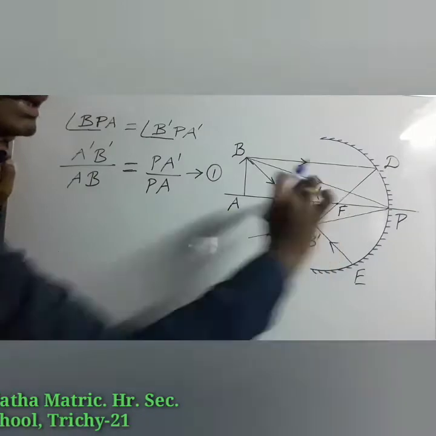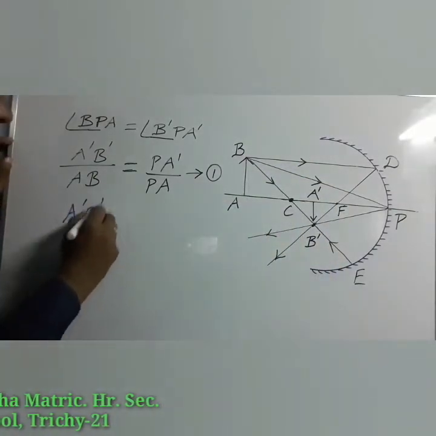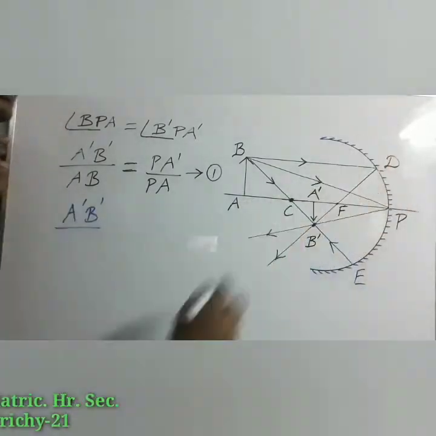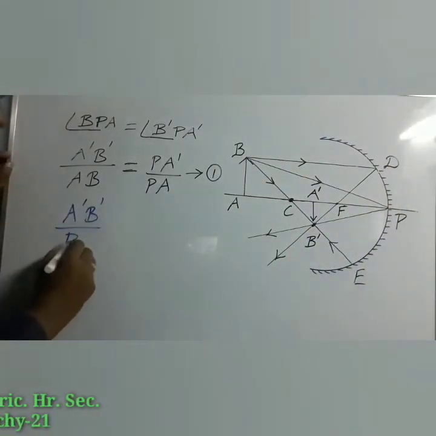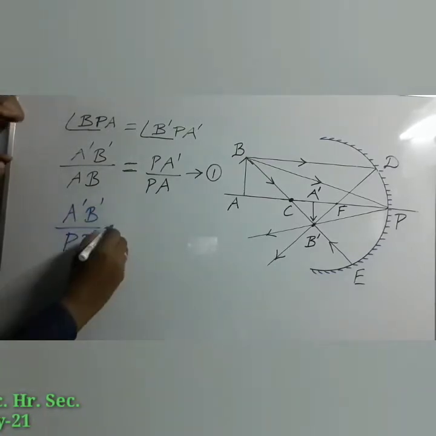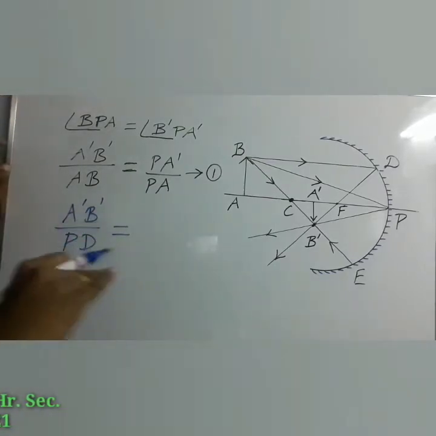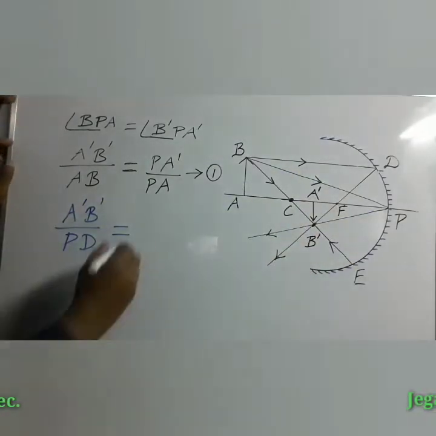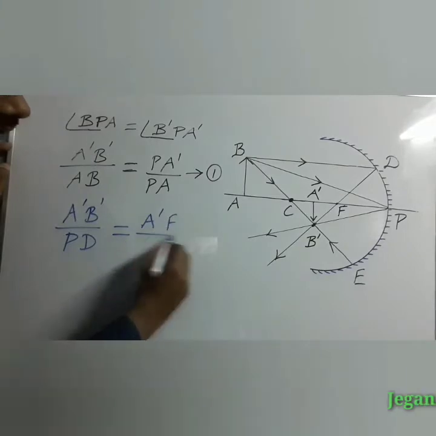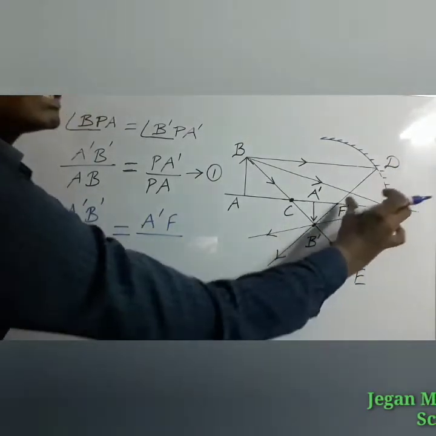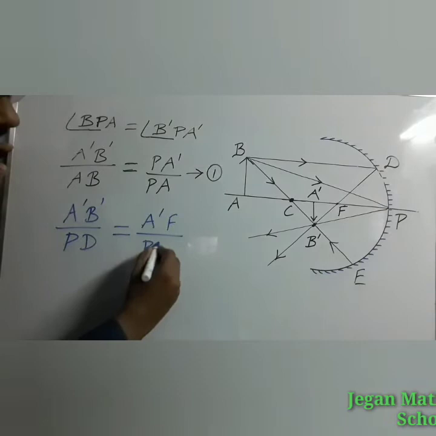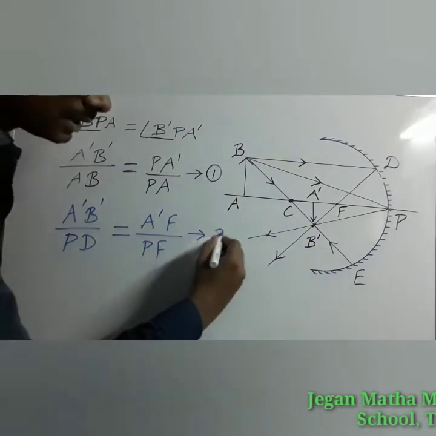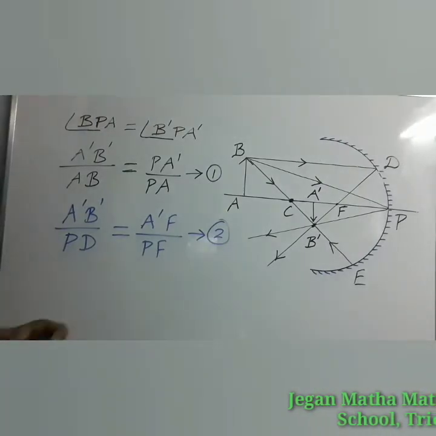Here we can write A dash B dash, the vertical side of the triangle, by PD, which must be equal to the ratio between the horizontal sides. What is the horizontal side in the small triangle? A dash F, divided by, in this triangle, PF. Let us take this as the second equation.